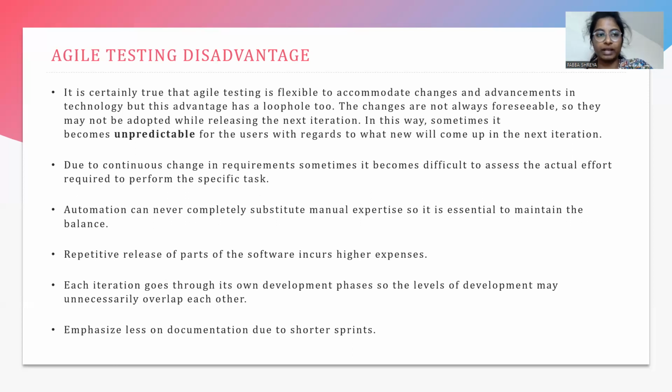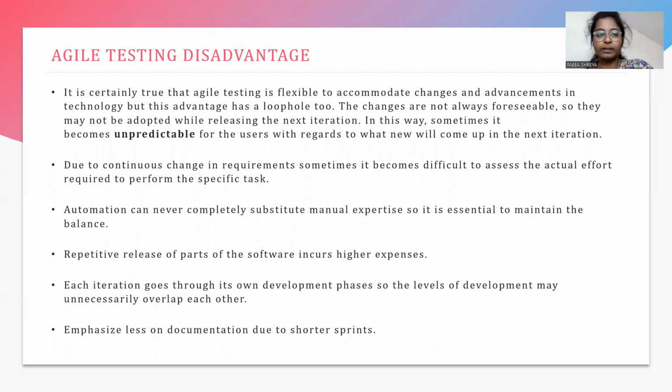In this way, sometimes it becomes unpredictable for the users what new will come up in the next iteration. Next, due to these continuous changes in the requirements, sometimes it becomes difficult to assess the actual effort required to perform a specific task.